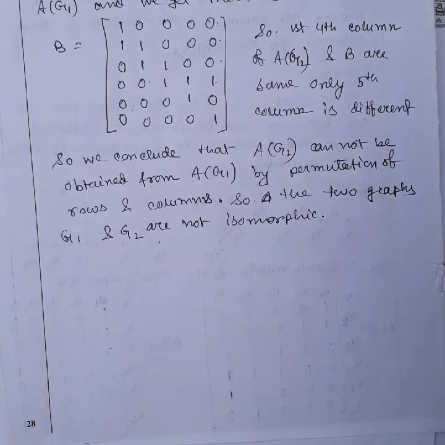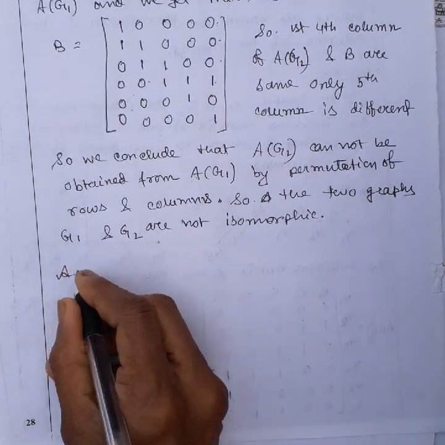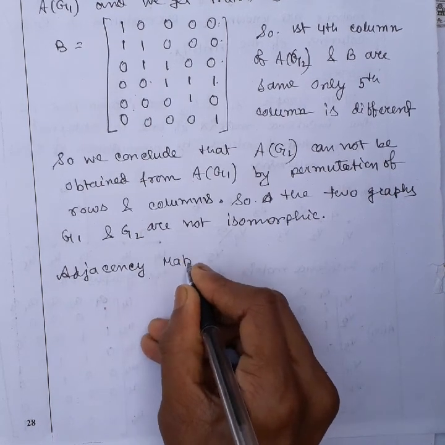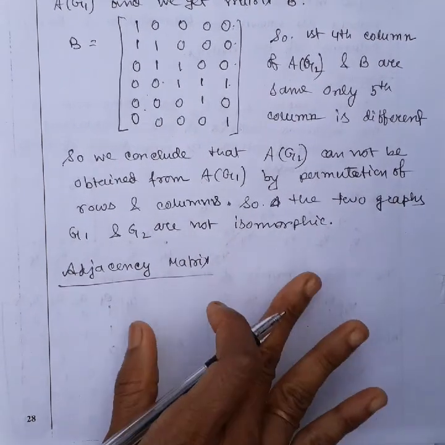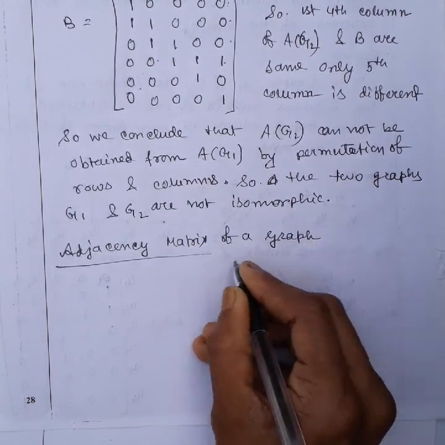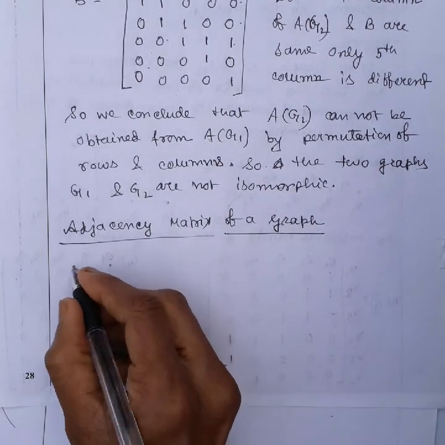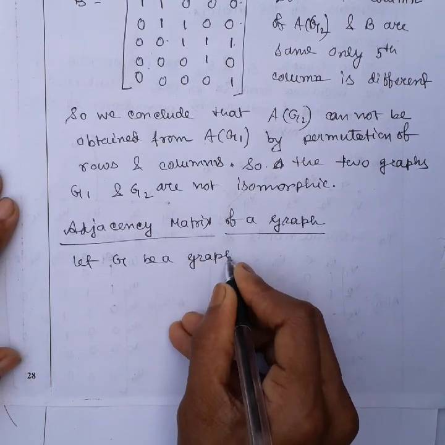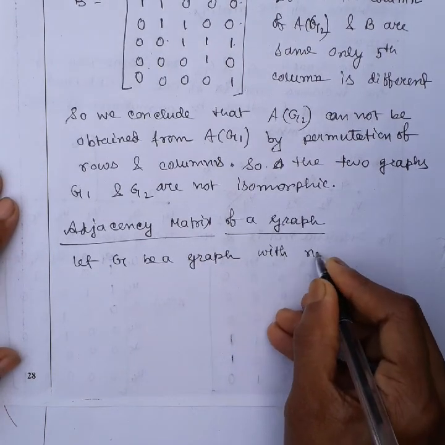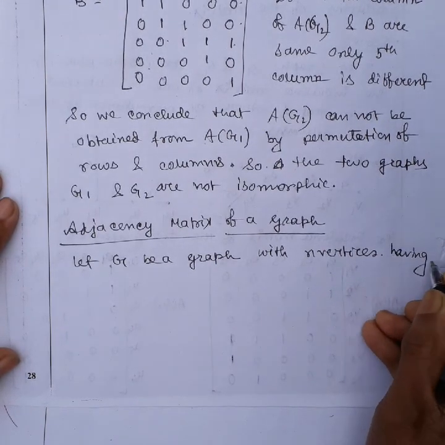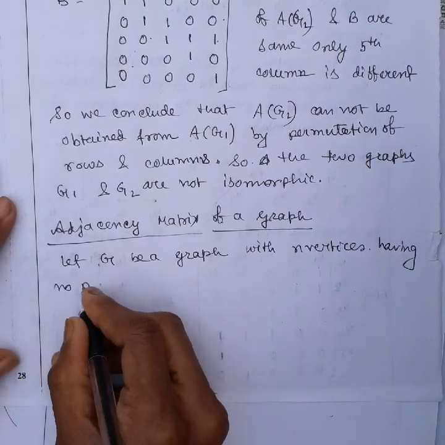Now we have to find another matrix representation of a graph, that is the adjacency matrix. Now let G be a graph with n vertices having no parallel edges.